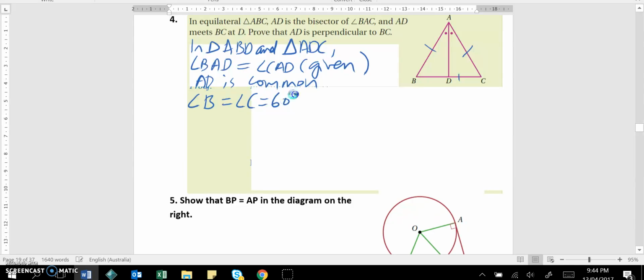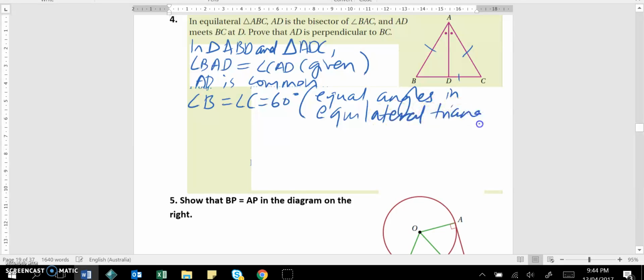Well, they equal 60 degrees because they're equal angles in equilateral triangles. Fantastic. So that then gives me my proof. So therefore, they are in fact congruent.